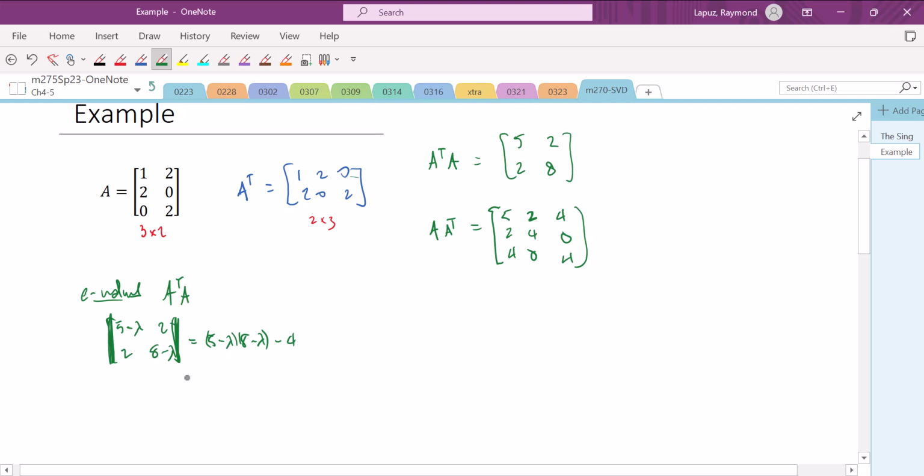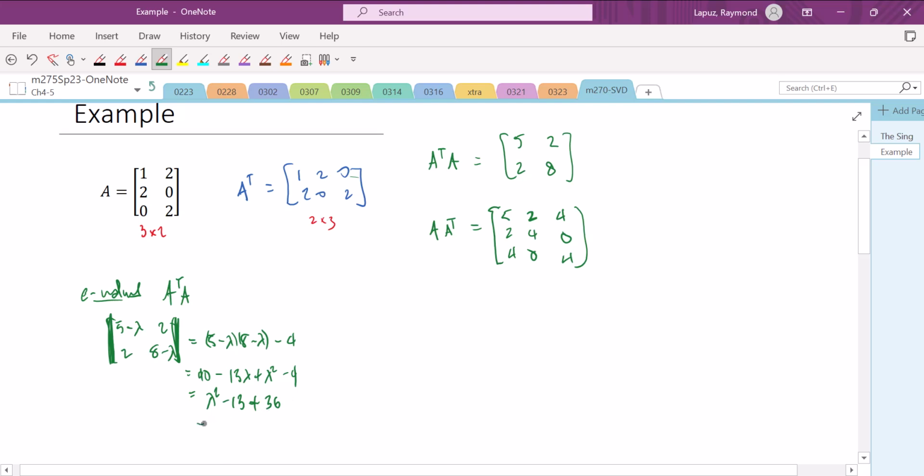So this is going to be 5 times 8 is 40, minus 5 plus 8 is 13 lambda, and then plus lambda squared minus 4. So this is lambda squared minus 13 lambda plus 36.